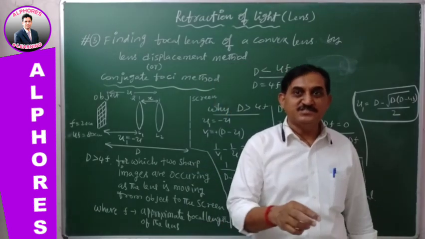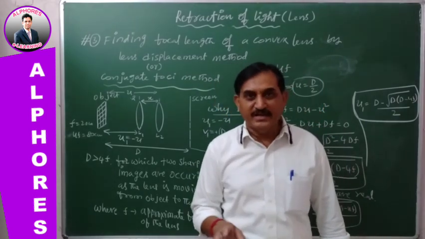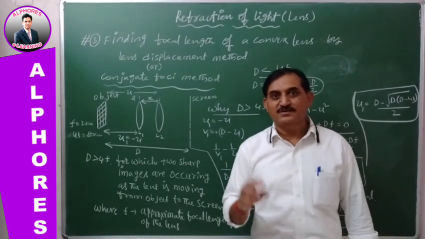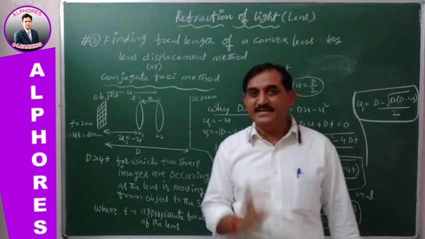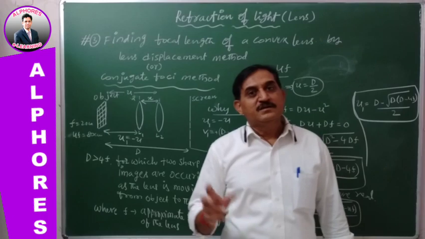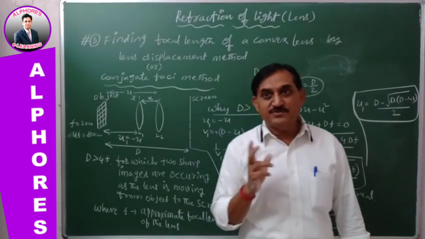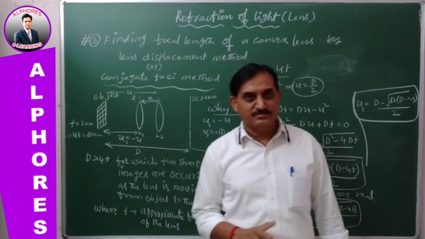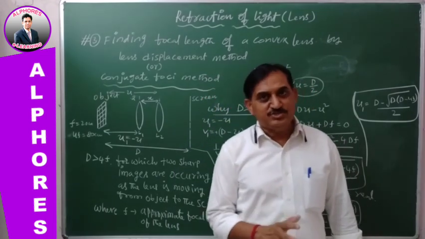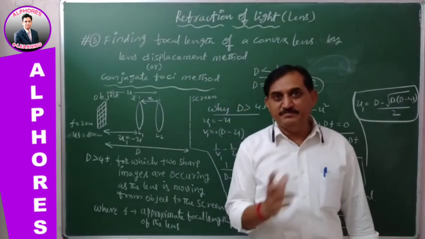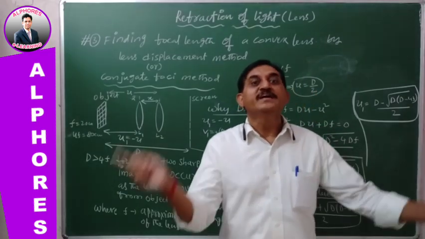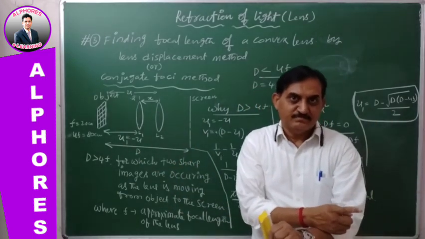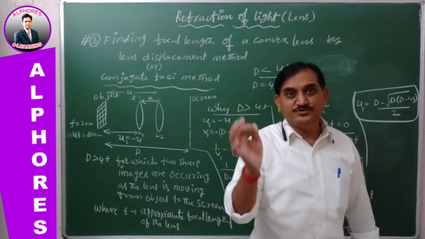Object and image distances will be interchanged, known as conjugate foci. Once again, there are a set of points on the principal axis of a convex lens where the image and object positions will be interchanged, known as conjugate foci.